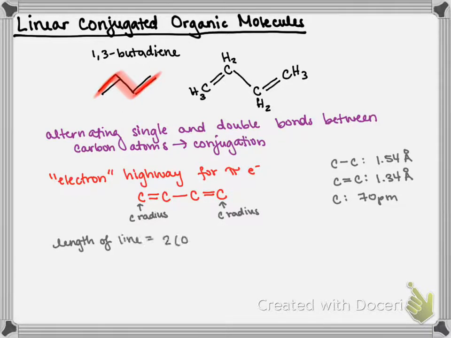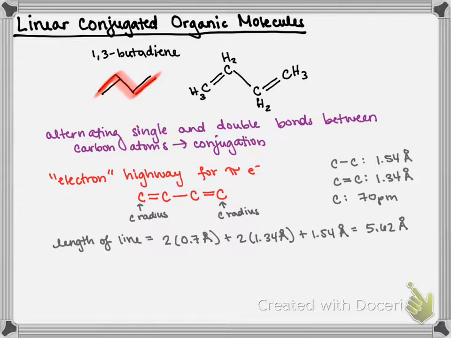So we could calculate the length of our line here, or A, as 2 times the carbon atomic radius, which is 0.7 angstroms, plus 2 times 1.34 angstroms, which is our average carbon-carbon double bond length, plus 1.54 angstroms, which is our average carbon-carbon single bond length. And we should get 5.62 angstroms for the length of this electron pathway, or the length of our box.